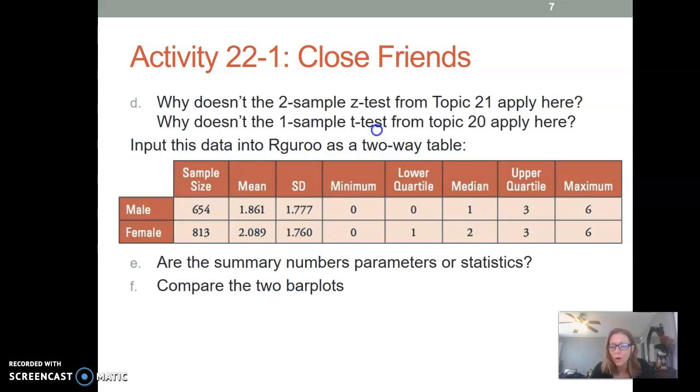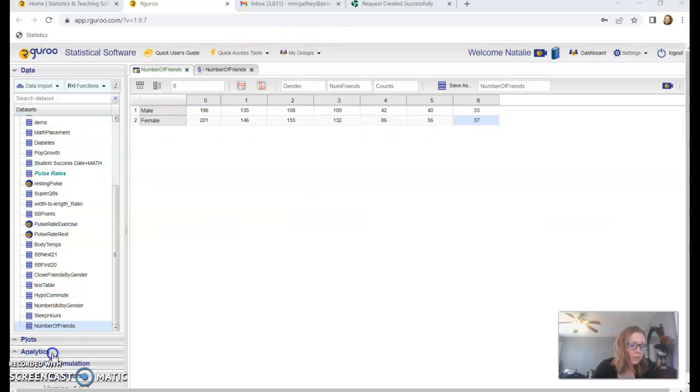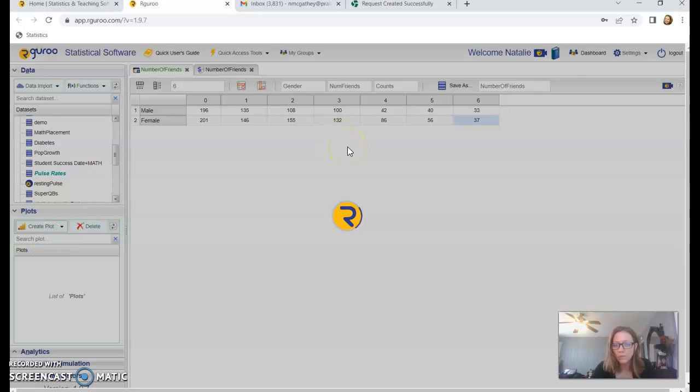Let's compare the 2 bar plots. We're going to do that on our guru. So what I'm going to do is go down to plots. In the book, it says to create your histogram, but we're going to do a bar plot here because that allows me to compare 2 things.